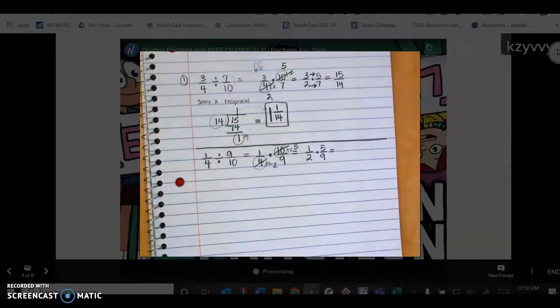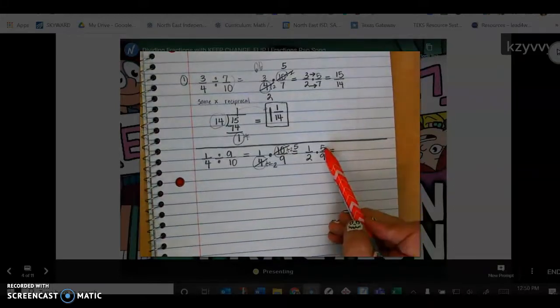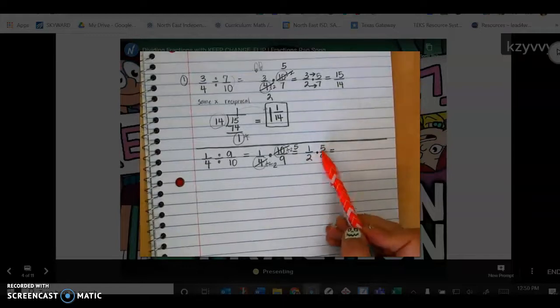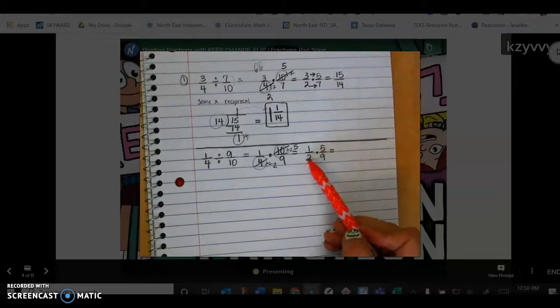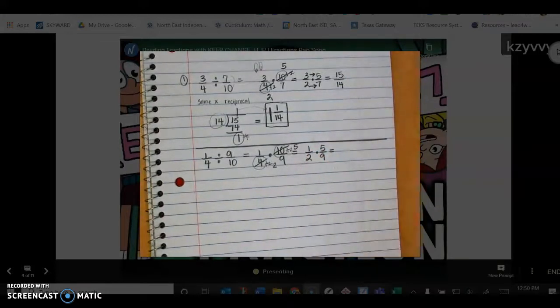And I'm going to look here and say, is there something else that they share? And 5 and 2 at least are prime numbers, and they don't have anything in common. And with 1, the only thing that you could get in common is a 1, and dividing a 1 out is not helpful. So we are done.